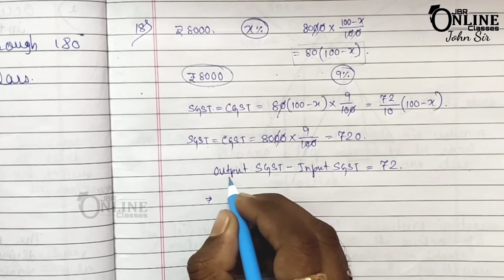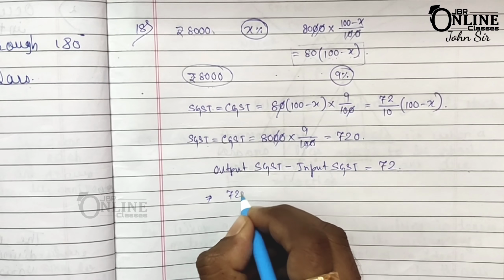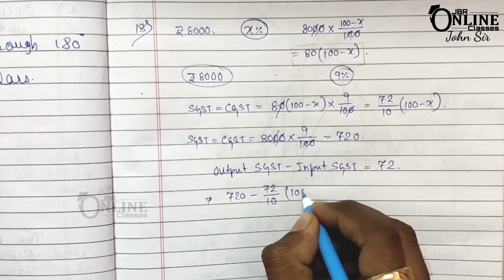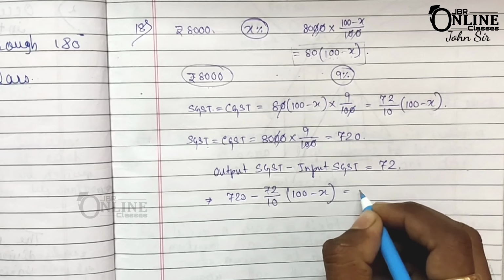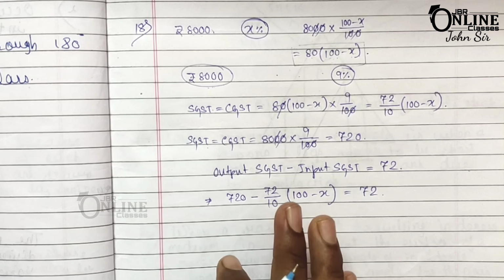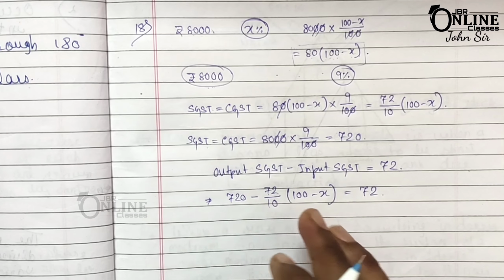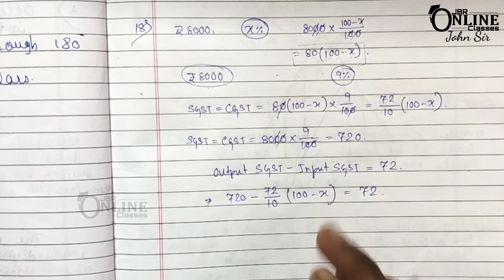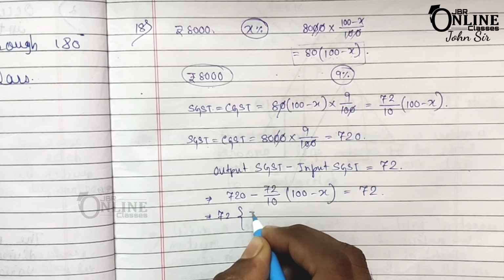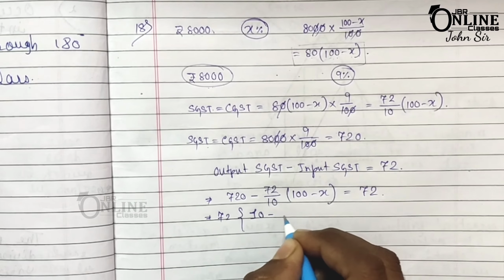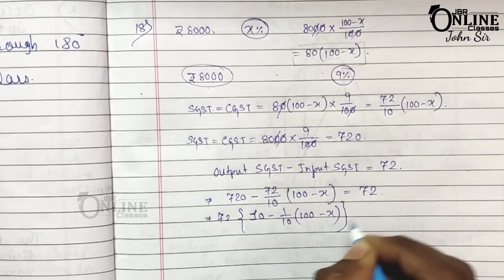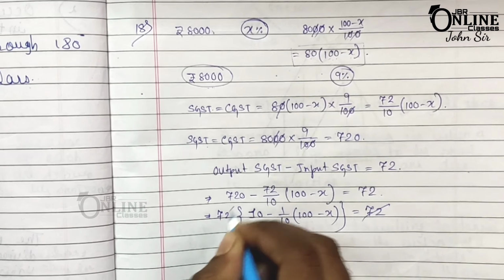So here output SGST will be 720, then minus 72 by 10 into 100 minus X, the input one, and that equals rupees 72. Now in this equation you first have to find the value of X. So first 72 will be common, so it becomes 10 minus 1 by 10 into 100 minus X, and that equals 1.